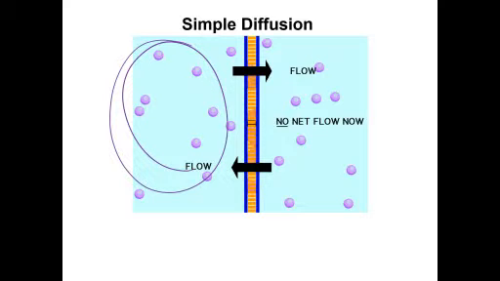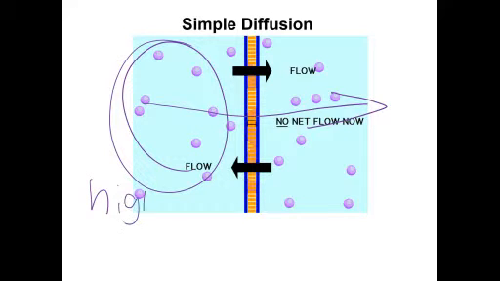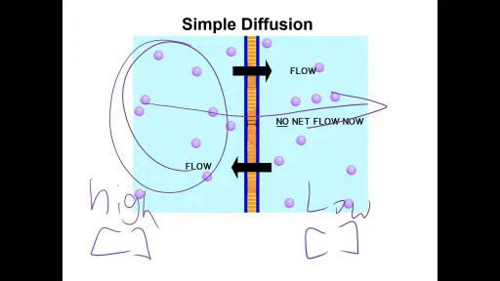So initially there's a net movement in that direction. In simple diffusion, particles move from an area of high concentration to low concentration. Initially there is a net directional movement from high to low.